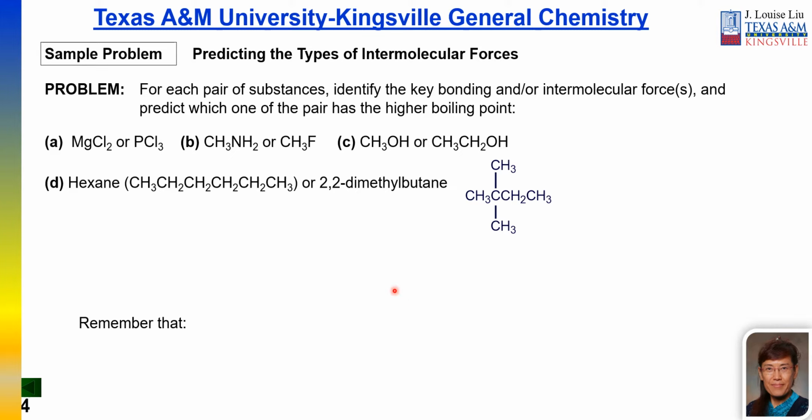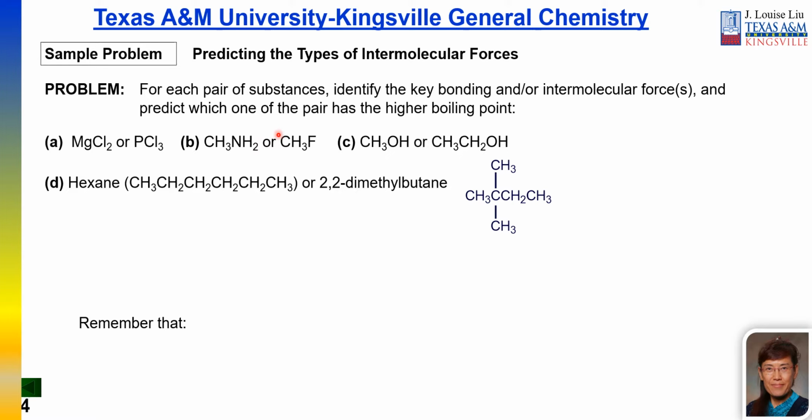So what we are going to do today, we are going to predict the types of intermolecular forces between the different molecules, and then based on these different intermolecular forces and also bonding forces, you can identify the key bonding and intermolecular forces to predict the higher or lower boiling point for the different compounds.